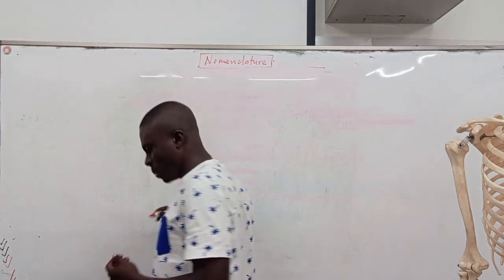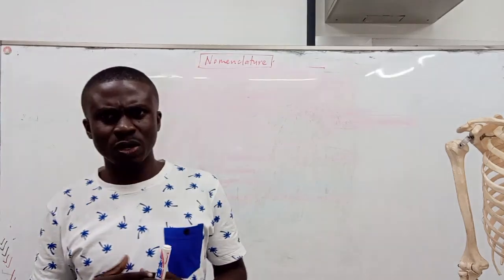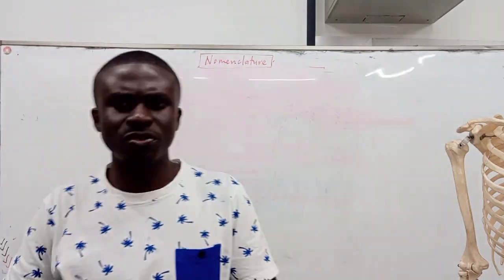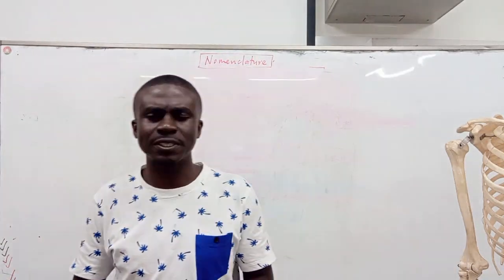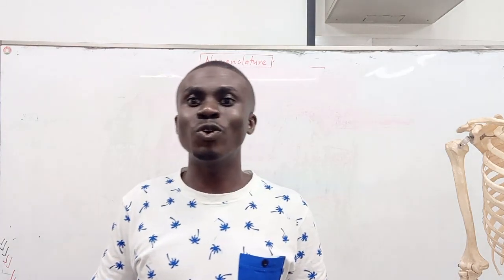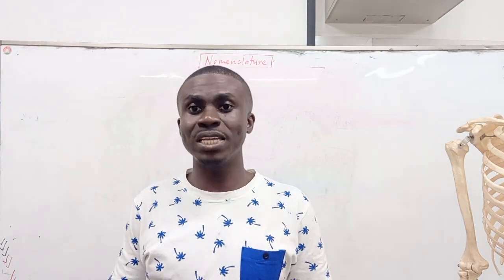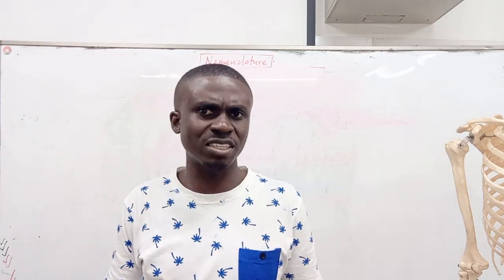We have about 700 muscles, a lot of muscles, so you don't always have to cram them. There should be some clues to help you learn some of these things.